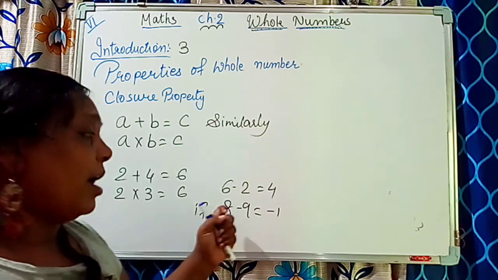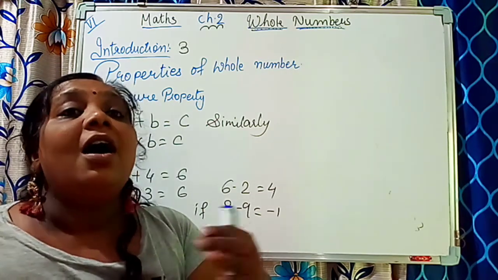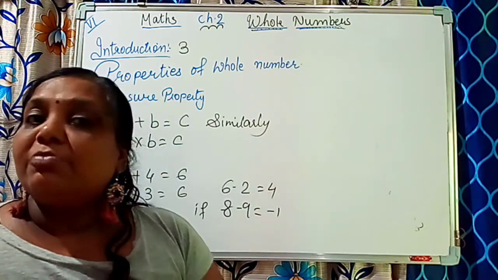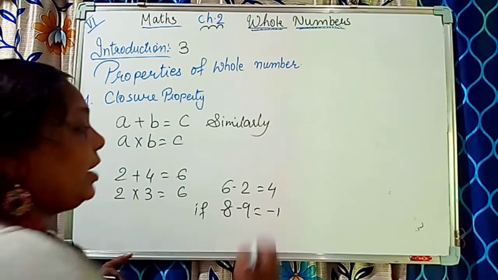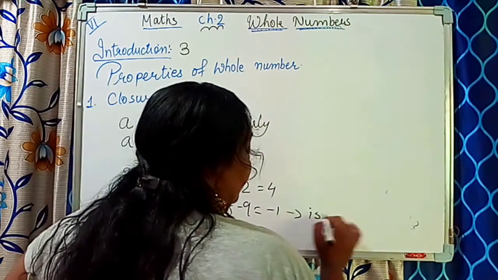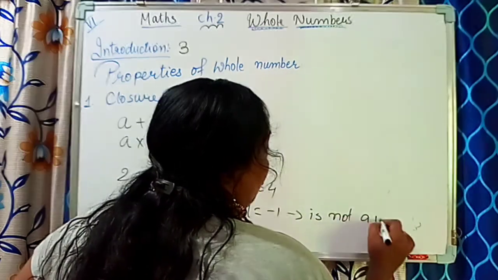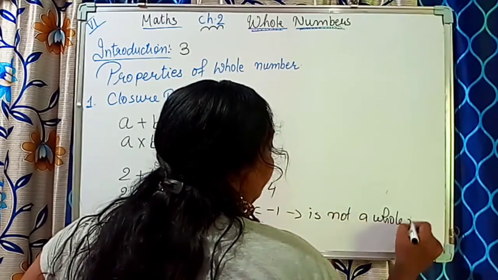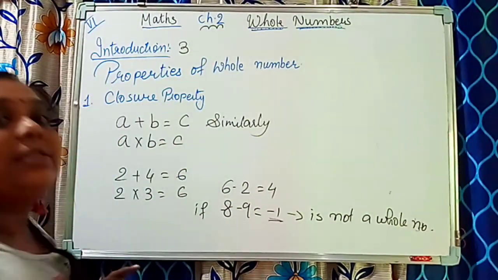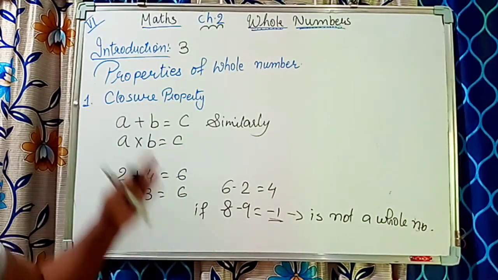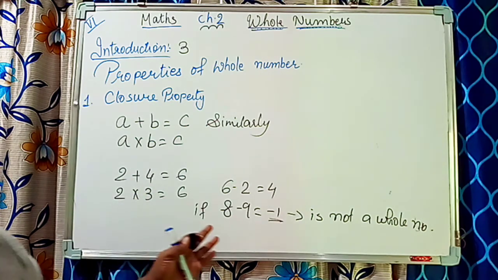Sometimes in subtraction the negative numbers also come, so it is not a whole number, because here the minus sign is there. So, got it? That is the closure property.